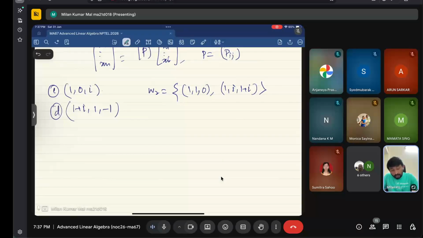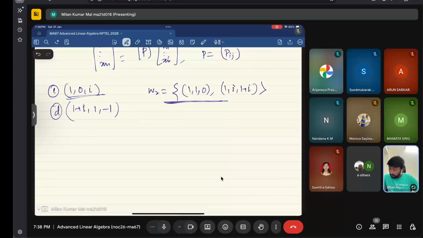If we try to find with respect to this ordered basis, if we try to expand this, what will be the answer? That's the question. Let me clearly tell you, the second option is not possible. Second option: I want to get (1, 0, i) in terms of (1, 1, 0) and (1, i, 1 plus i).